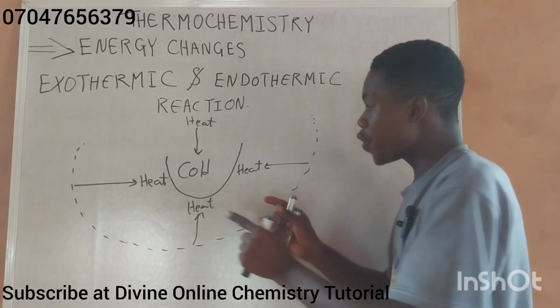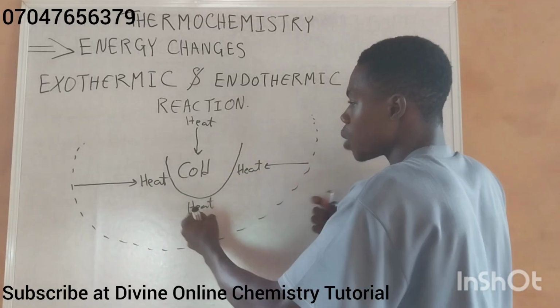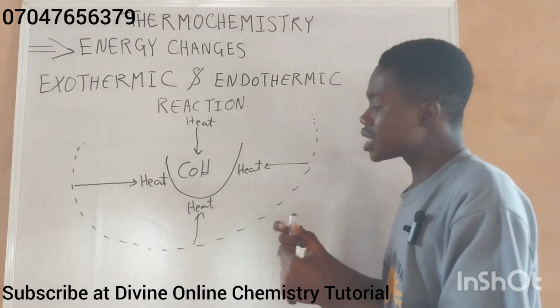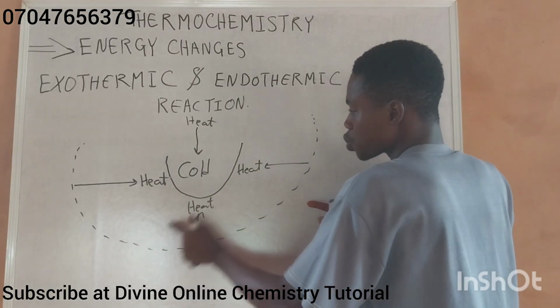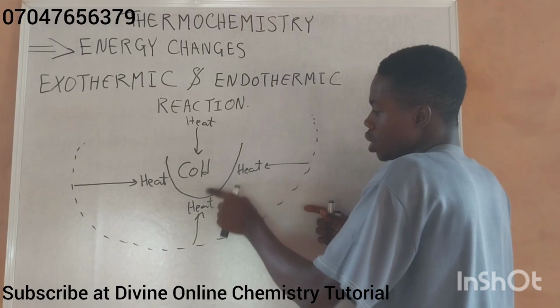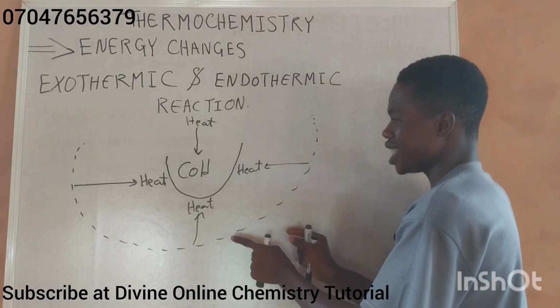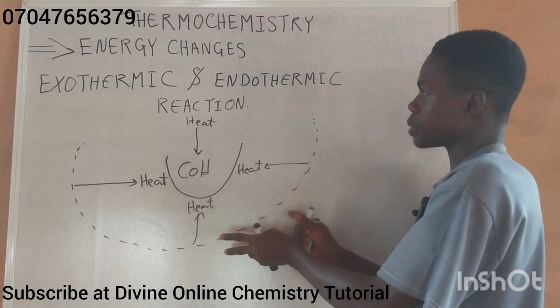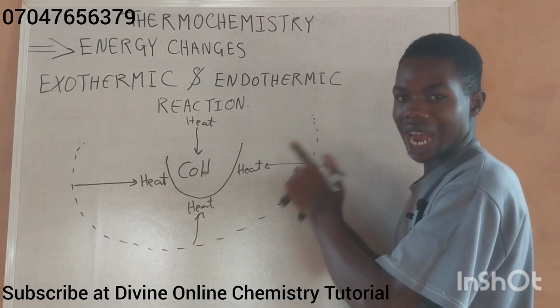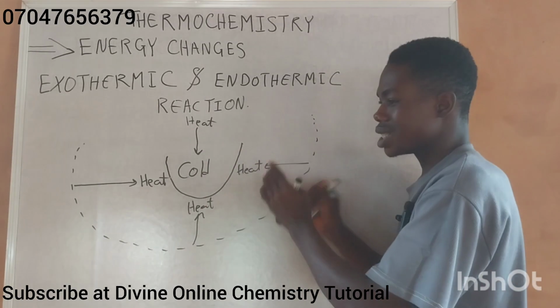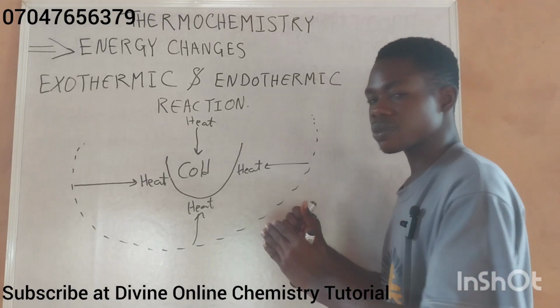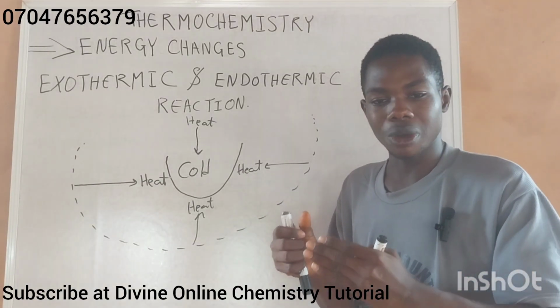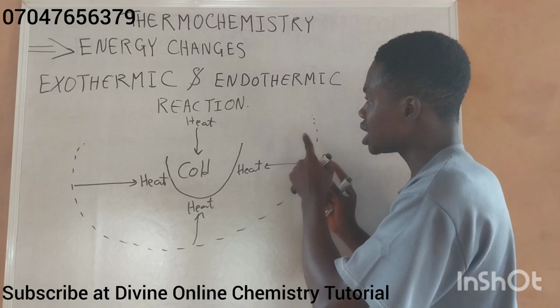And I said earlier on, for heat to be absorbed from the surrounding, it therefore means that the surrounding has heat, whereas the vessel is being cooled. So this typically explains endothermic reaction. Please take note of this. From here, we'll be moving straight towards some examples of endothermic reaction.